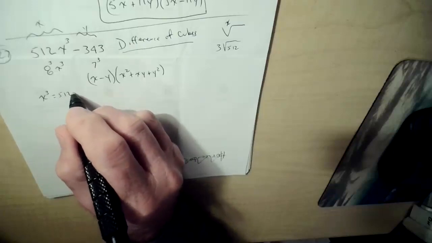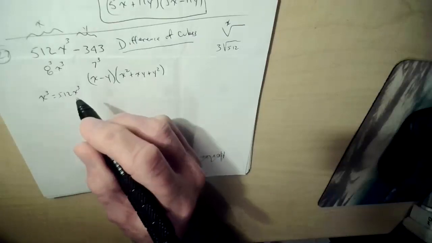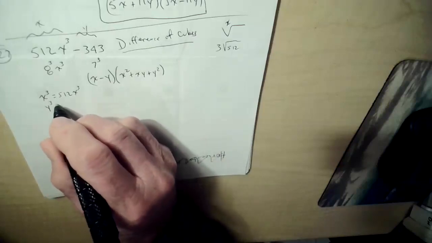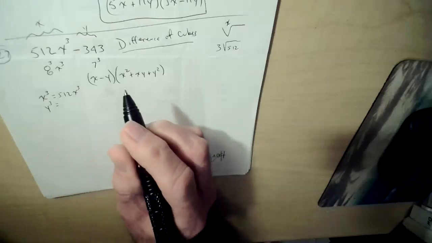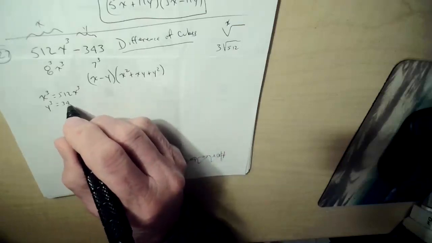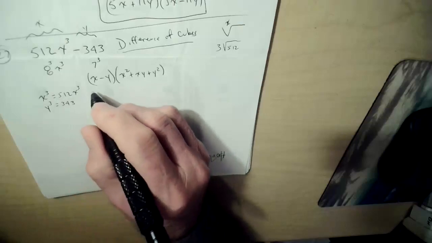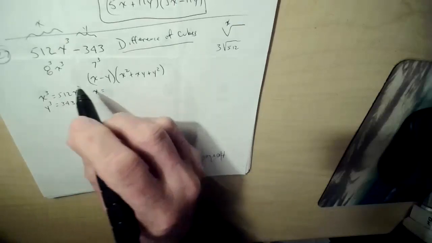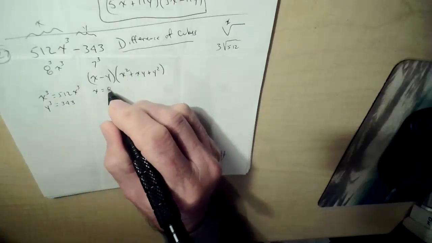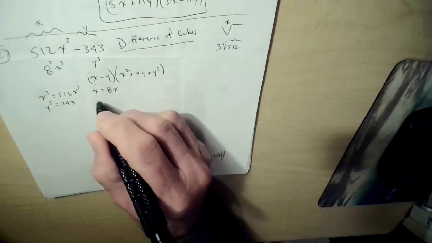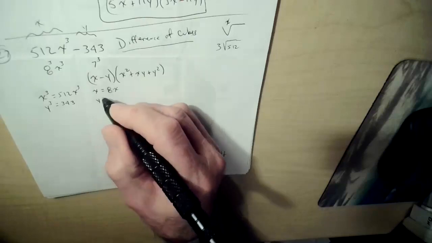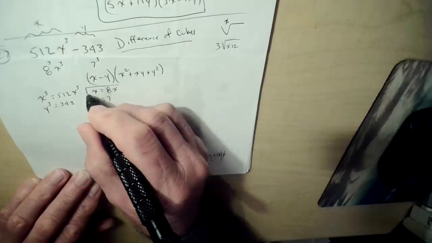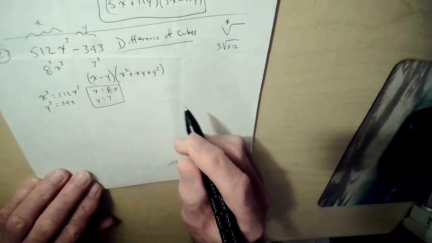So if x cubed is 512x cubed, and y cubed is 343, then what is x? X is 8. Take the cube root of each one of these. So our x is 8x, and our y is 7.